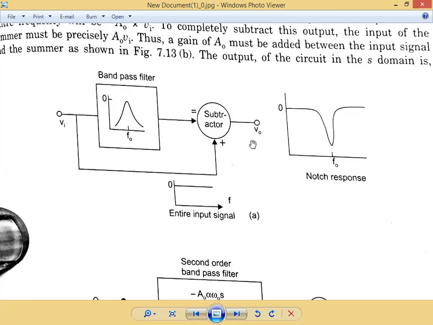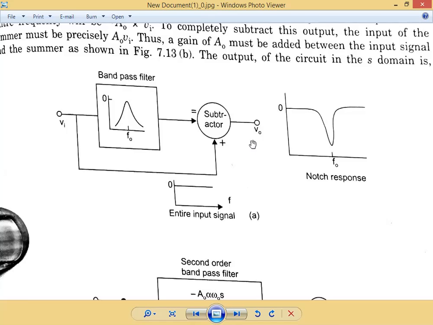So to form a notch filter, we have discussed that the simple technique is to use a band pass filter and a subtractor. When we use a band pass filter built with an operational amplifier, it produces a negative output.